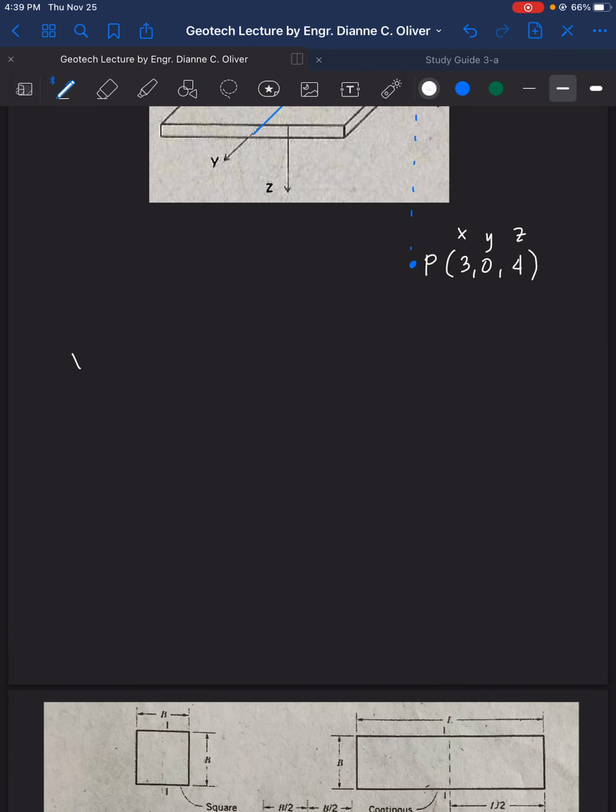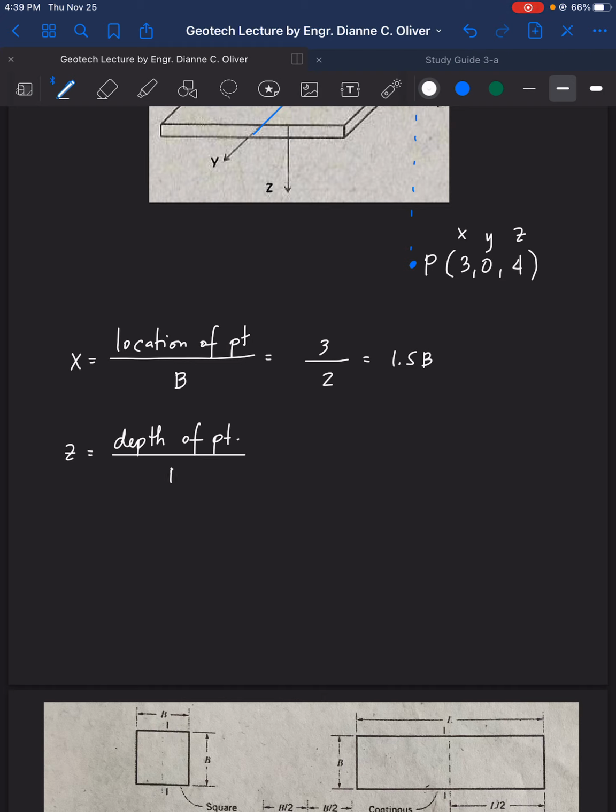So for the x-axis, we have the location of the point divided by the measurement of the base. The location is 3 divided by 2, so x is 1.5b. We have z, the depth of the point divided by the base, depth is 4 divided by 2, so we have 2b.